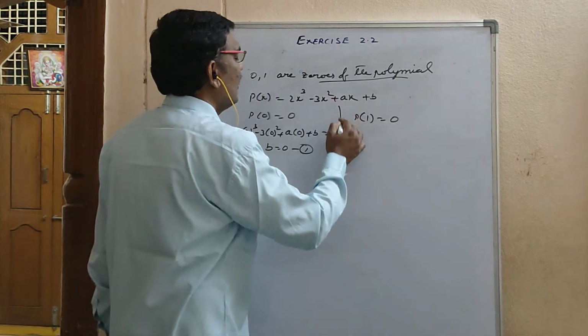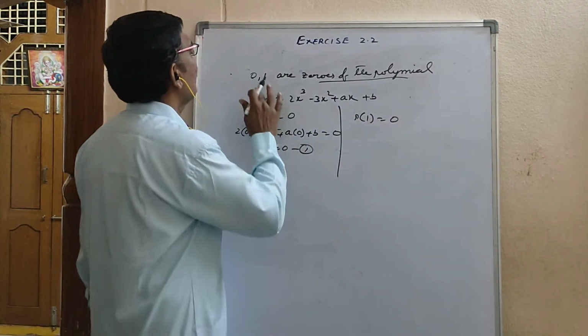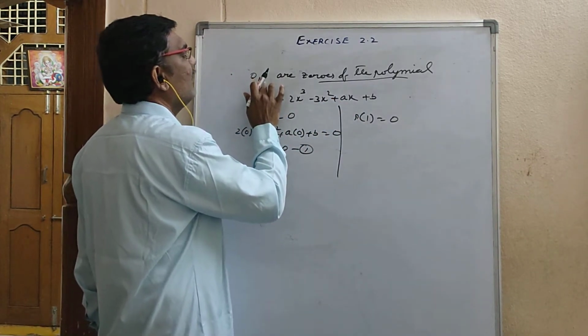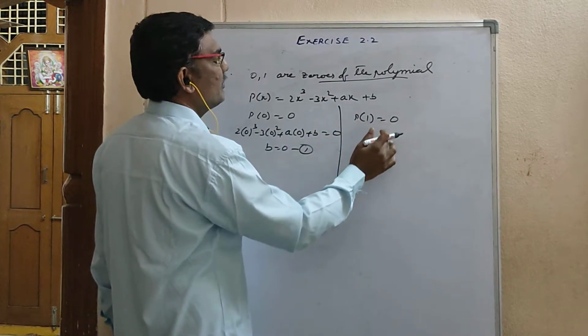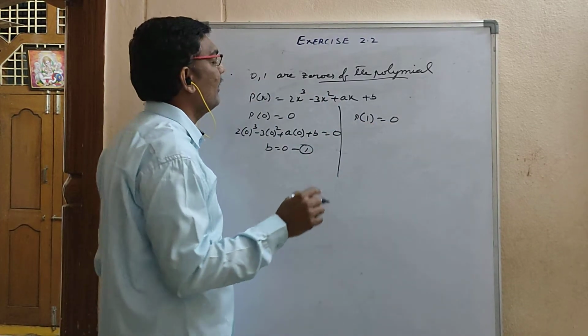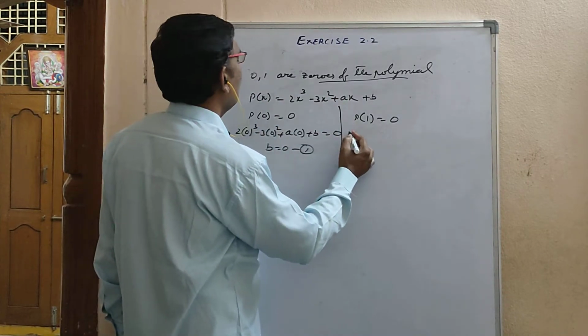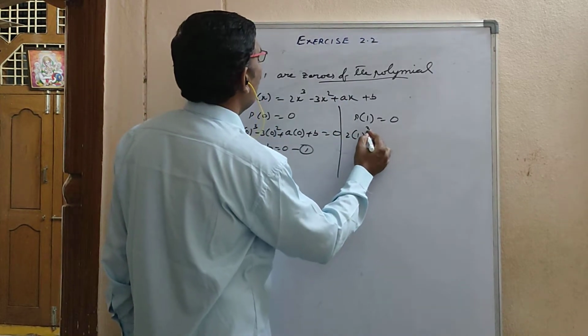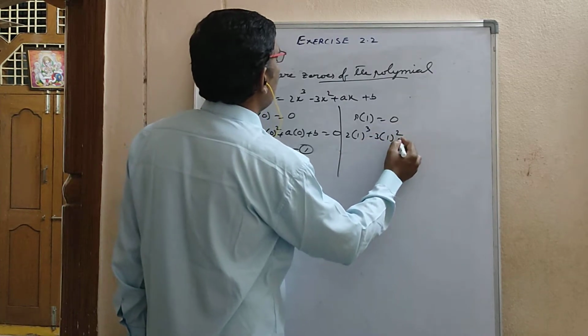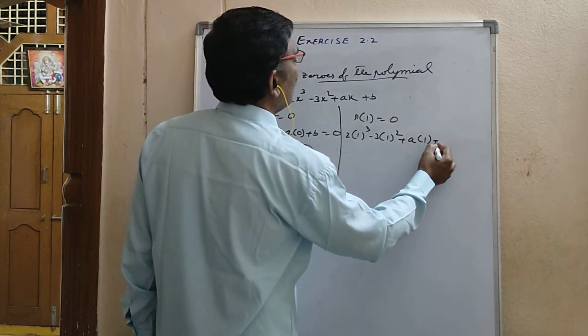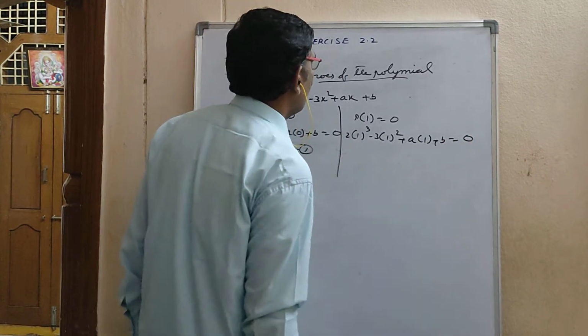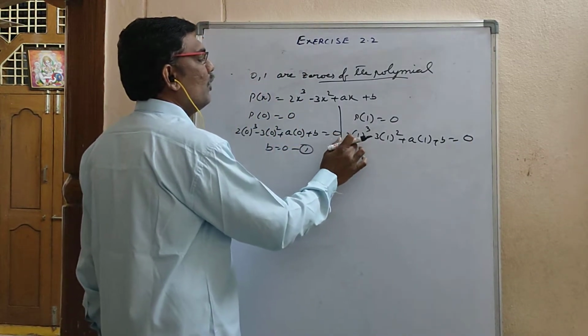Next come to the second part. What is another zero of the polynomial? 1. Means P of 1 must be 0 because 1 is a zero of the polynomial. In the right-hand side, wherever x is there, substitute 1. 2 into 1 cube, minus 3 into 1 square, plus a into 1, plus b is equal to 0. Don't multiply 2 and 1 now.